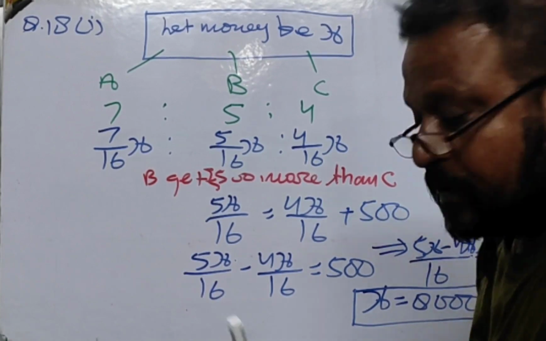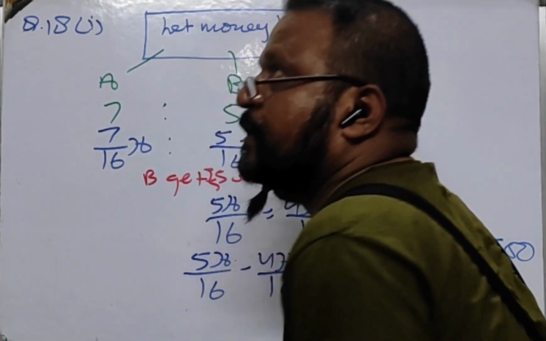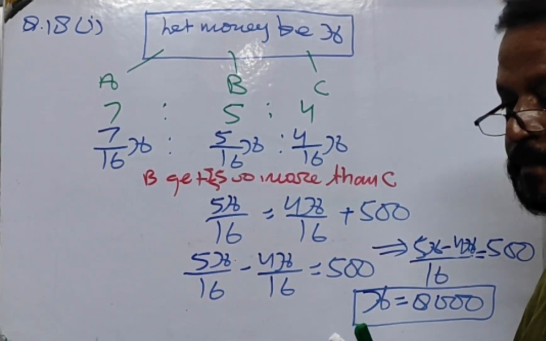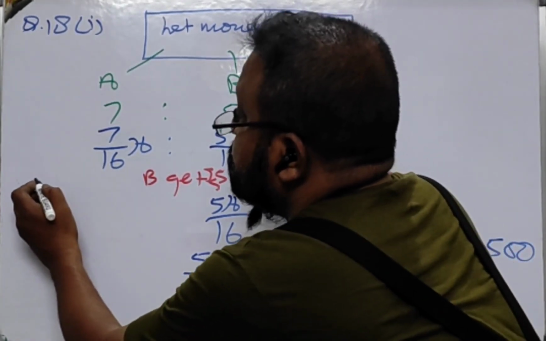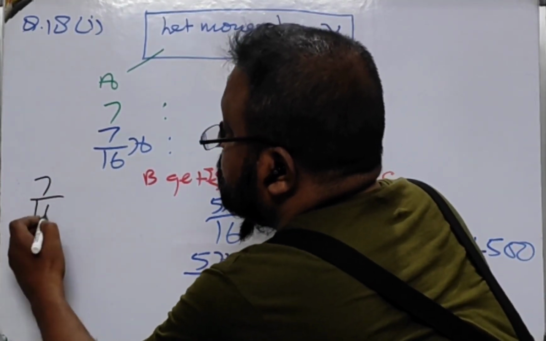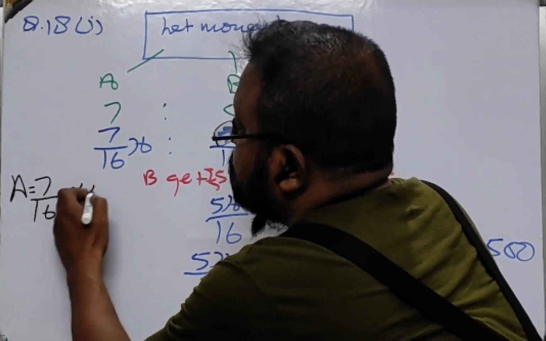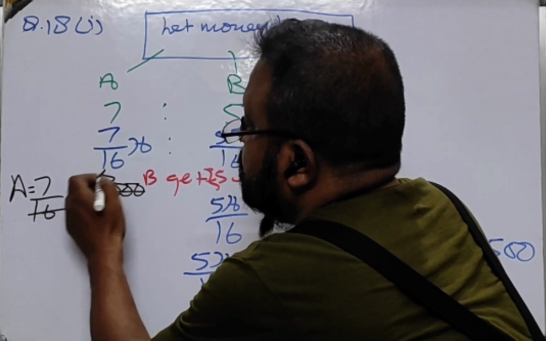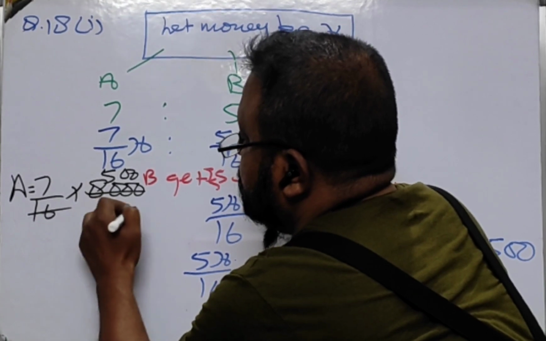So how much is each getting? A is getting 7 upon 16 into 8000, so it is 500, so it is getting 3500.